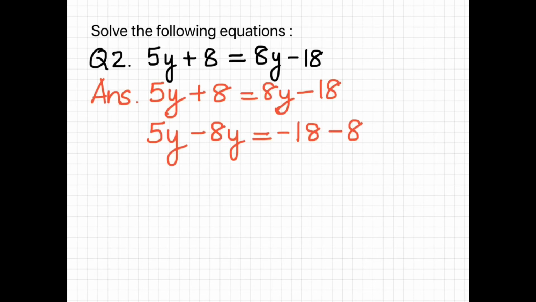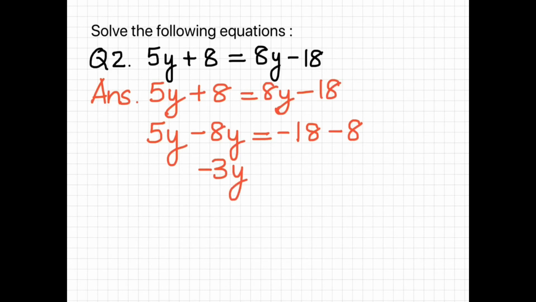Now let's simplify 5y minus 8y on the left hand side and minus 18 and minus 8 on the right hand side. 5y minus 8y gives minus 3y.